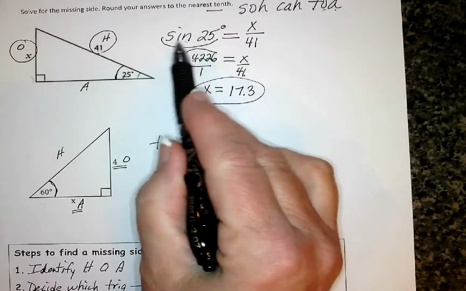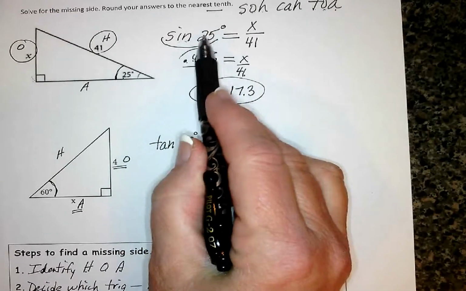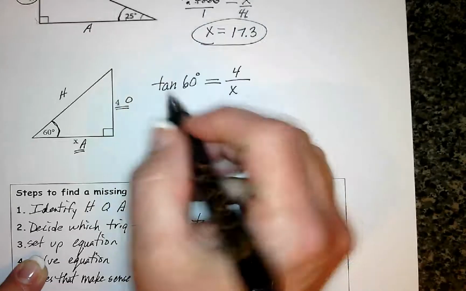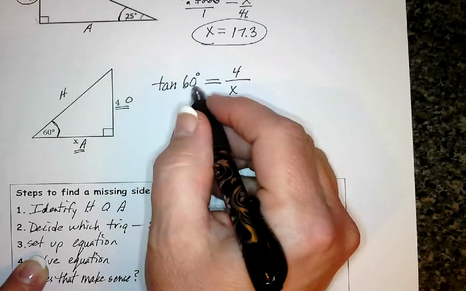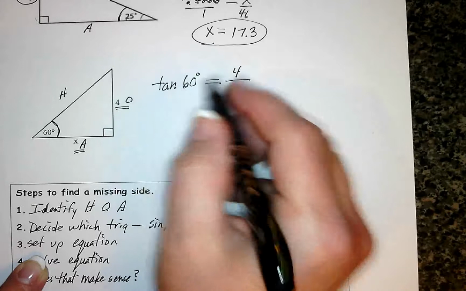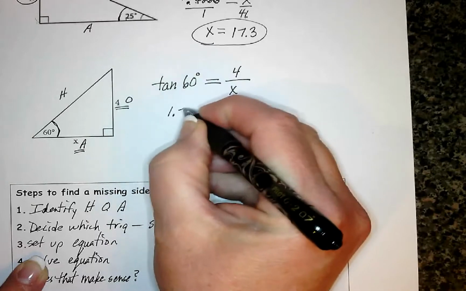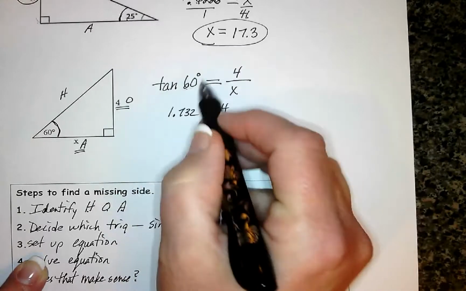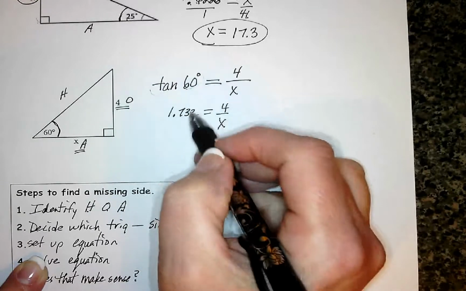See what we did here? Trig, angle, equals, fraction. We'll replace the tangent of 60 with its decimal. It's 1.732. So again, I'm using either my table or my calculator to find this decimal.